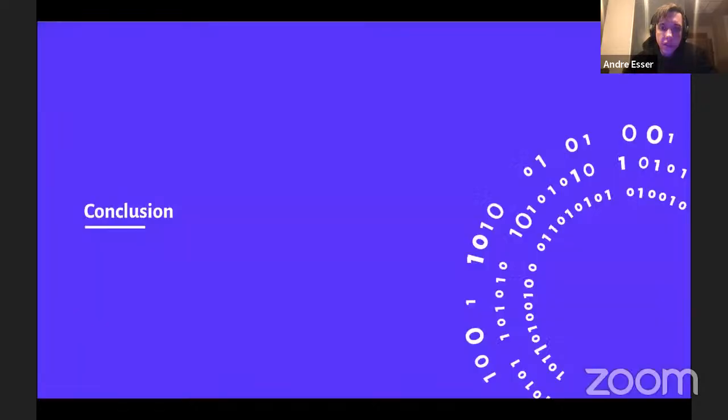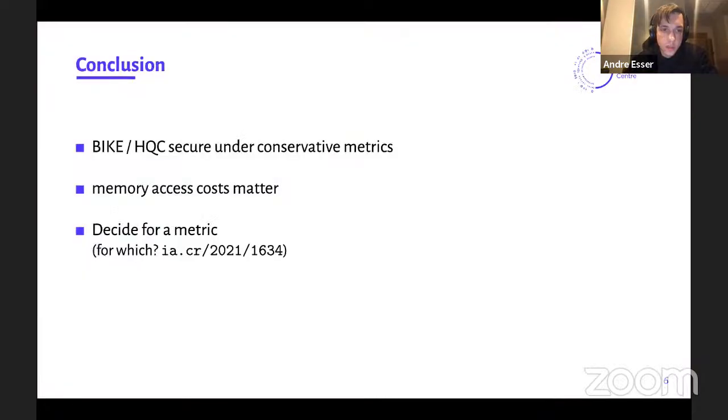So what does this mean for the code-based submissions? As we have seen, the BIKE and HQC schemes are already secure under conservative metrics. So if we introduce memory access costs, we can only increase the security margins. But nevertheless, also for BIKE and HQC, but especially for the McEliece scheme, we've seen that memory access costs certainly matter.